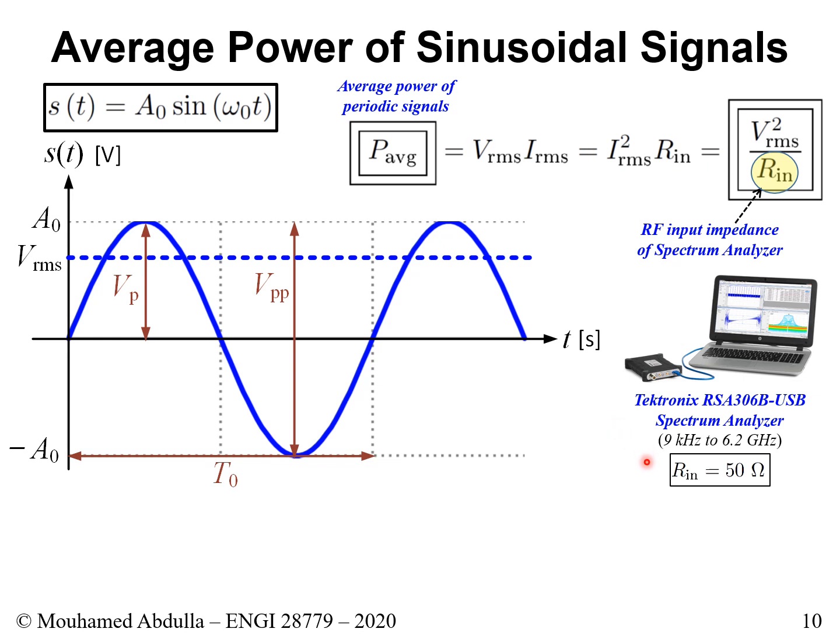So that's it. We have the VRMS, which is just V peak divided by square root of 2, and we have the input resistance, and therefore we will be able right away to determine the average power of this periodic signal. And this equation is true for different types of periodic signals.